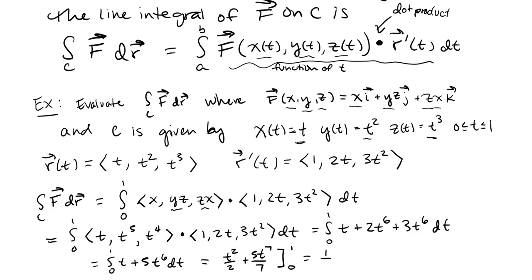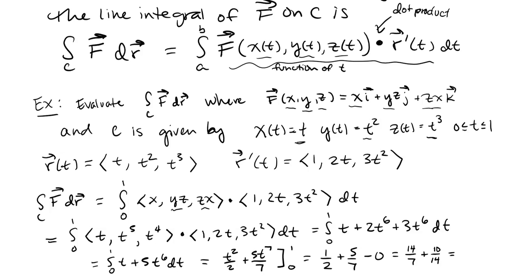So plugging in 1, we see a half plus 5 over 7, and then we subtract off plugging in 0, which is just 0. If we want to combine those together, we could get common denominators, so it would be a 14.